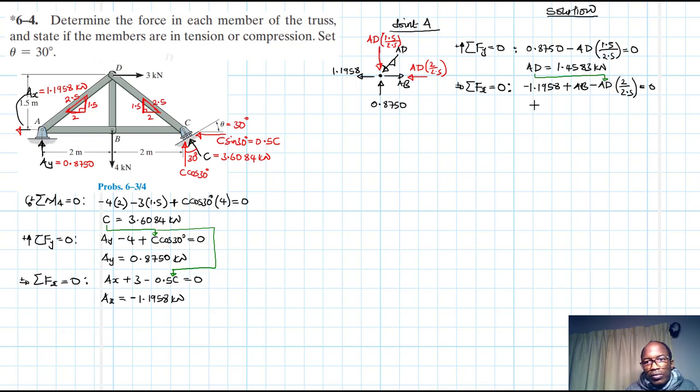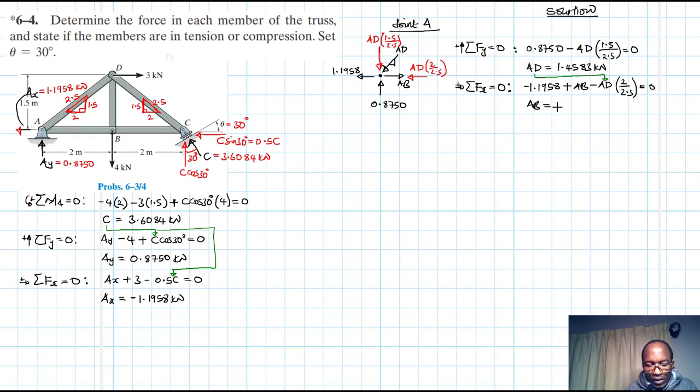When we do so, we'll find that our AB is going to be equal to, let's calculate it, minus 1.1958 minus AD, which is 1.4583 times 2 divided by 2.5.